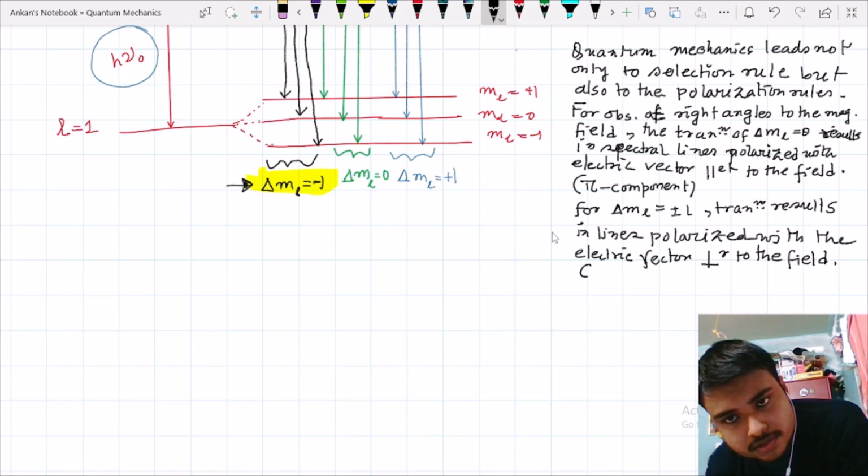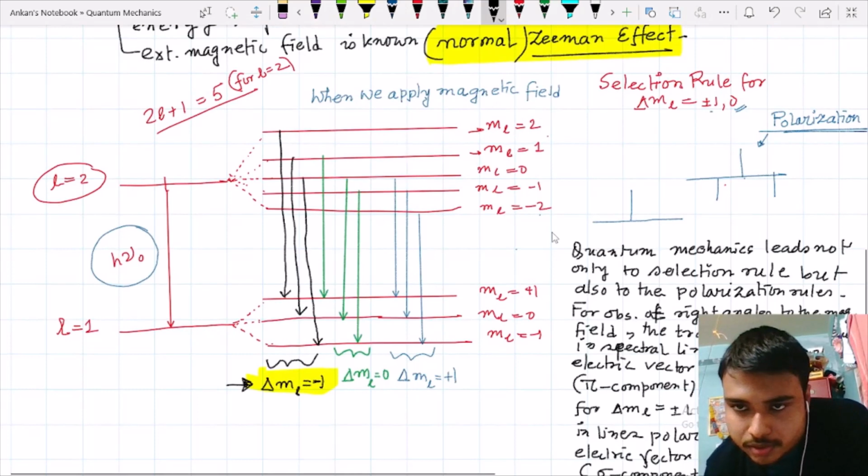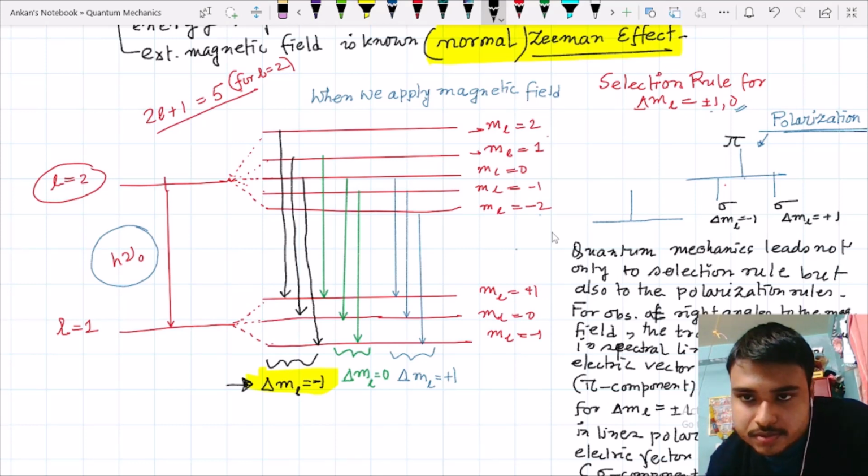These are known as sigma component. So what we have plotted here, this is pi component and these are sigma component. These are for delta ml minus 1, this is for delta ml plus 1, and this is for delta ml 0.